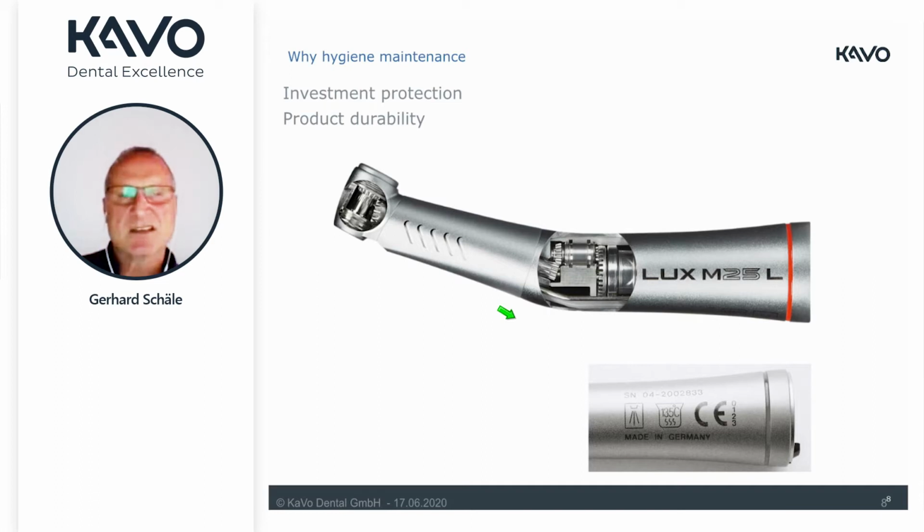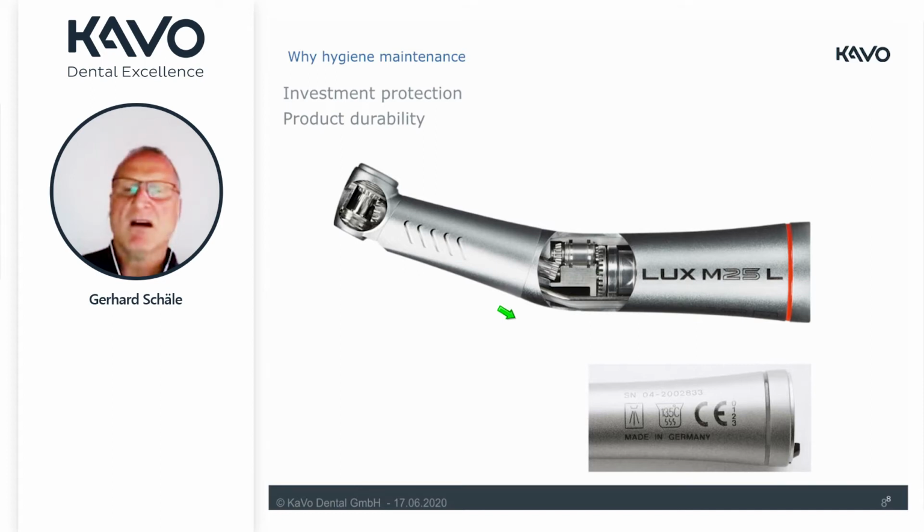All of our instruments are marked on the body with these 2 signs. If you see the sign of 135 degrees, this is the sign for sterilization in an autoclave. If you see this sign on the left side here, this is the sign for thermal cleaning in a thermal disinfector.